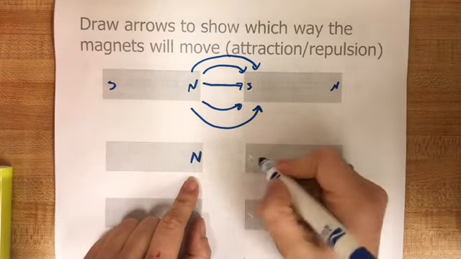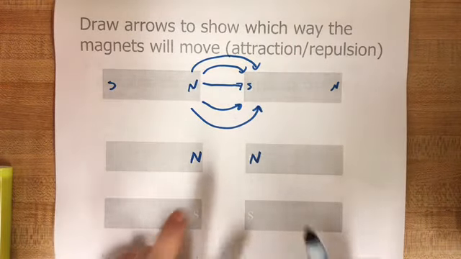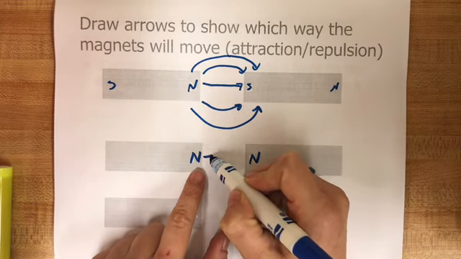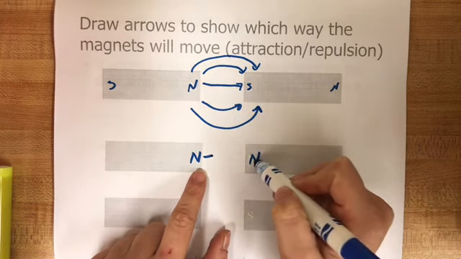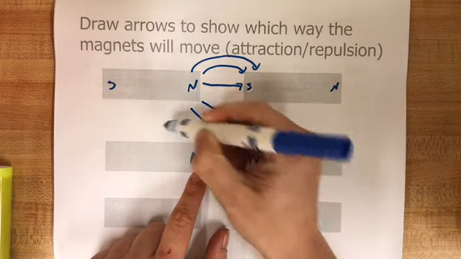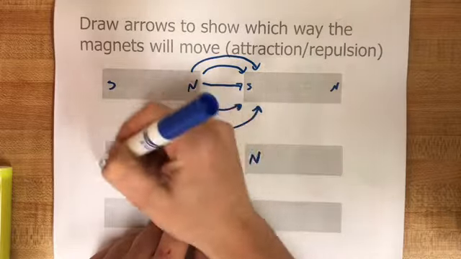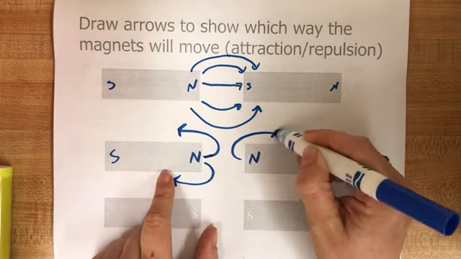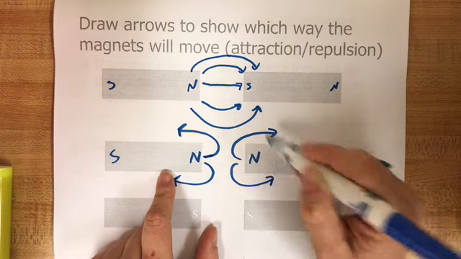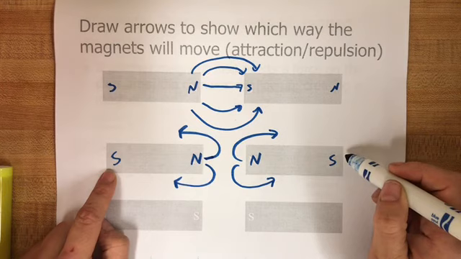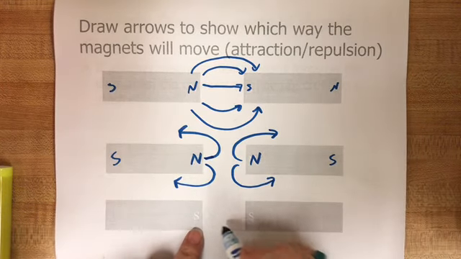Here, you have a north and a north. So what's going to happen is, okay, you get this magnetic field line. It wants to go this way, but the problem is you got another north. So it's actually going to curve away and go towards its other side of the magnet. So it curves, just like this one, out of the north towards the south, and the only south around is the south on the magnet it is. Same thing here.